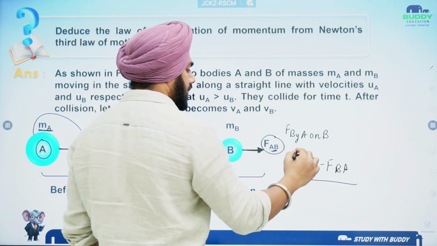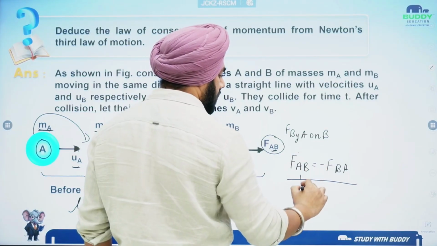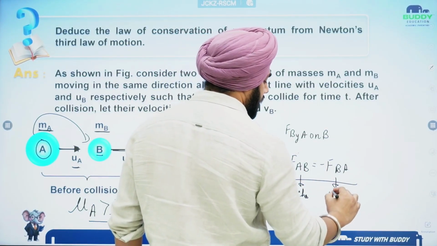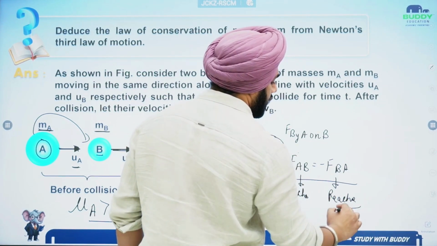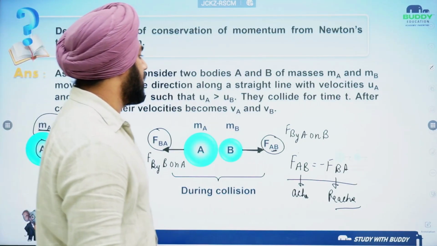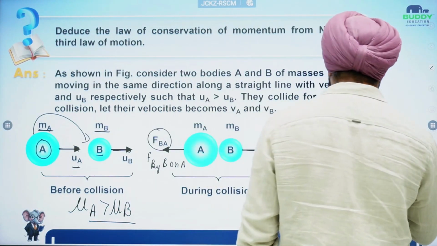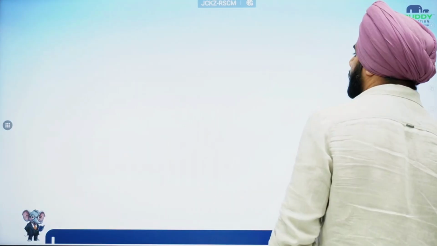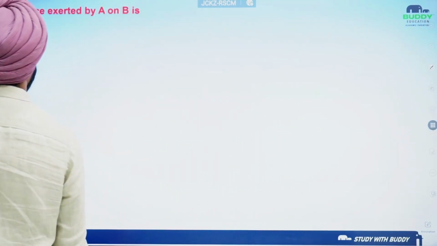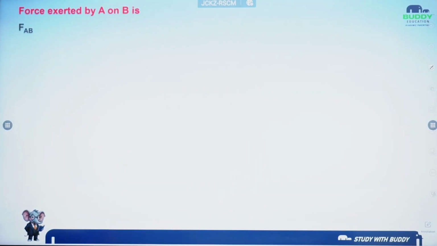Why? Again the same thing. If FAB is considered the action, then minus FBA is the reaction. Okay, so FAB is equal to minus FBA. So post collision they will move with VA and VB. So let's talk about the force exerted by A on B, which is force AB, right?